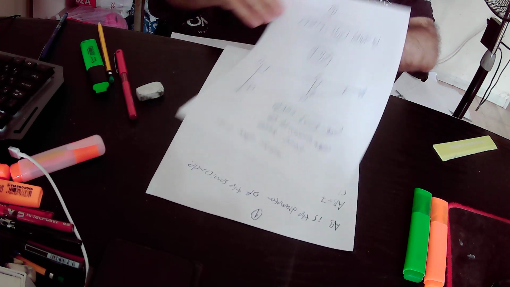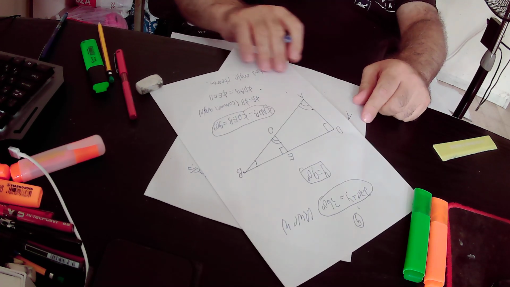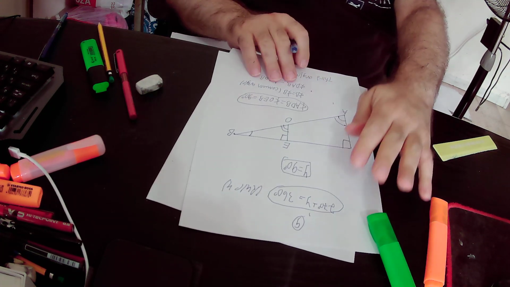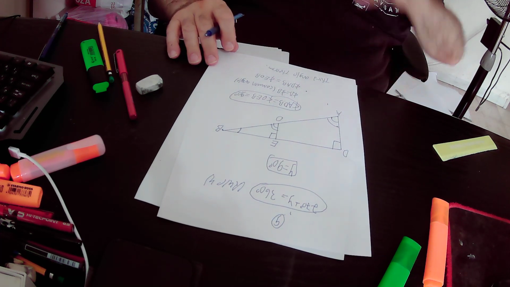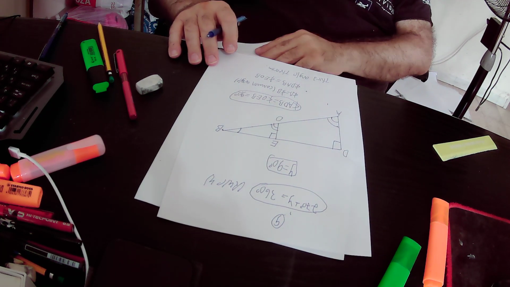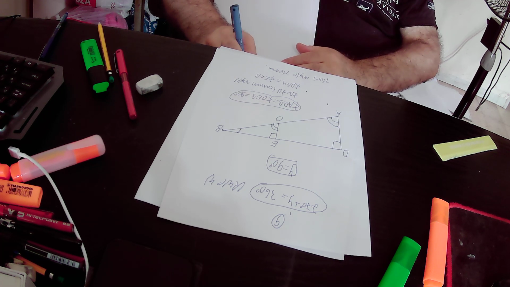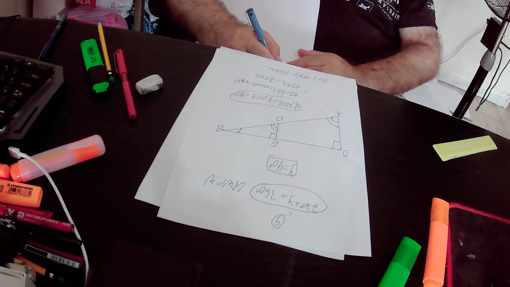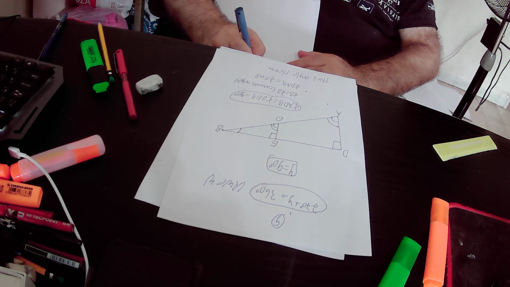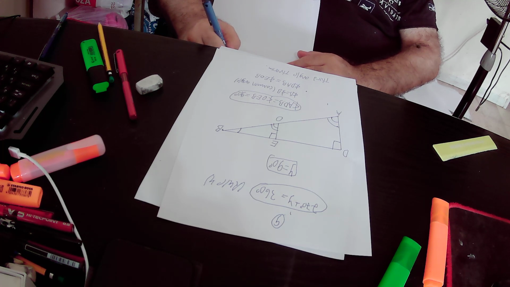So we actually proved that all the angles in the big triangle are equal to all the angles of the small triangle. Therefore, the big triangle, triangle ADB, is similar to the small triangle, triangle EOB.